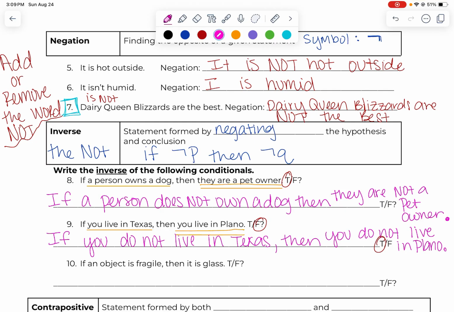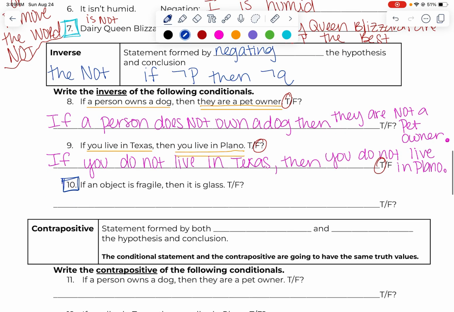All right, I want you to try number 10. So pause the video, try number 10. All right, so underline your hypothesis once, your conclusion twice.